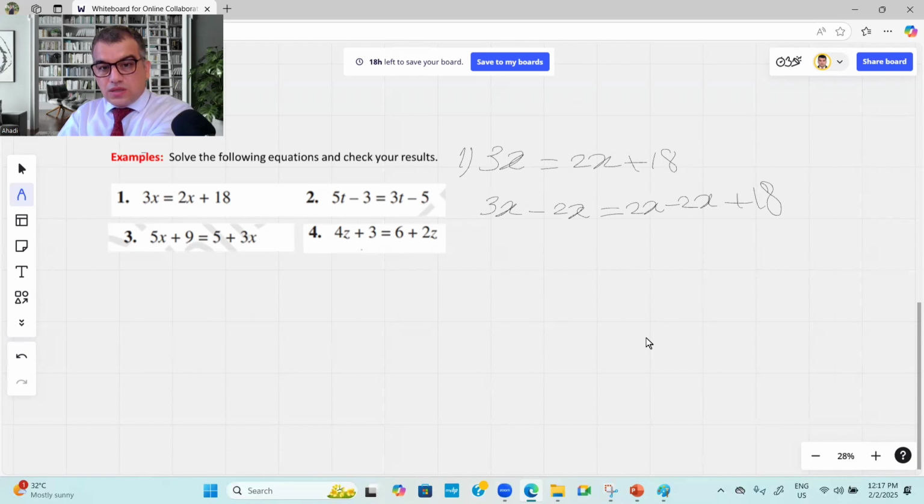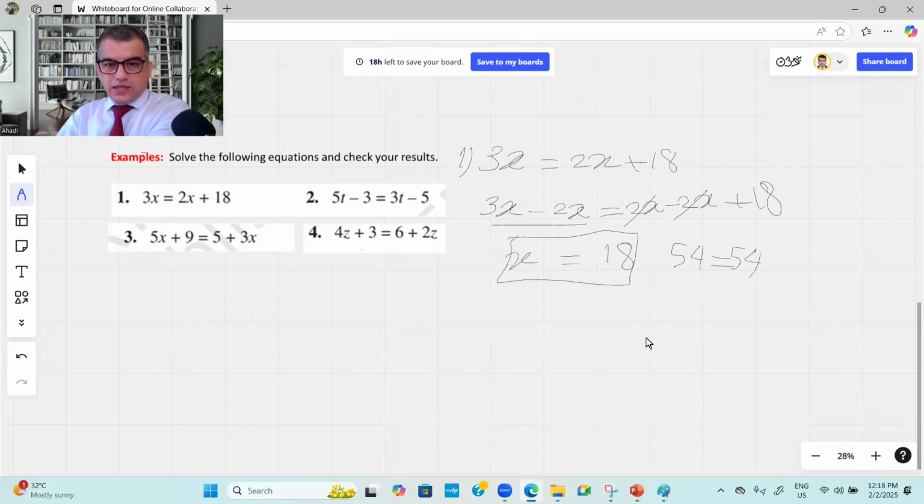After simplifying, 3x minus 2x is equal to x, and on the right side we have only 18, because the minus 2x and positive 2x cancel. So x equals 18 is the answer of this equation. Whenever you put 18 in place of x in the original equation, you will get both sides equal to 54, right? Yes, you put it here and check.